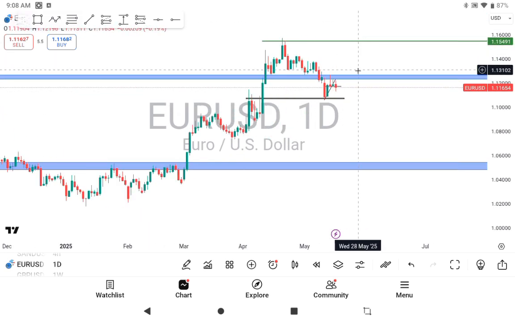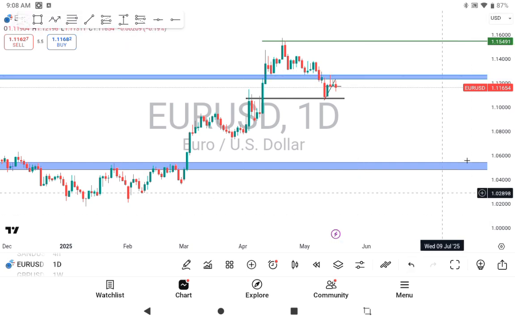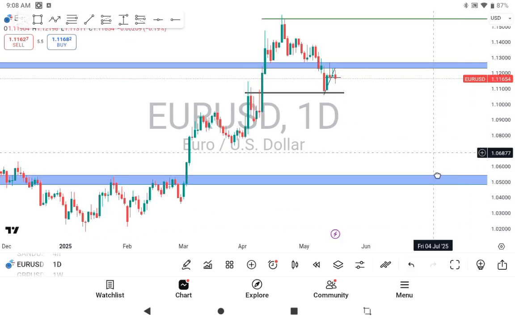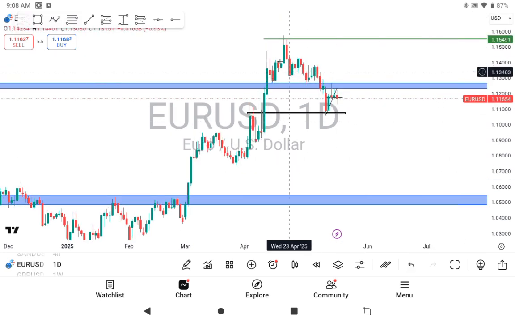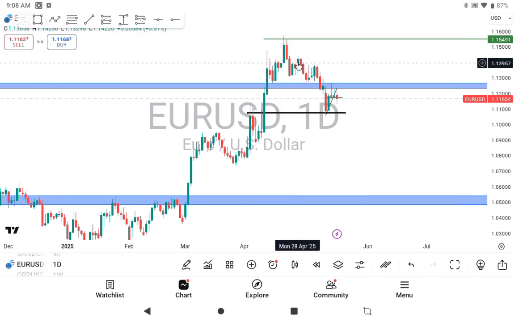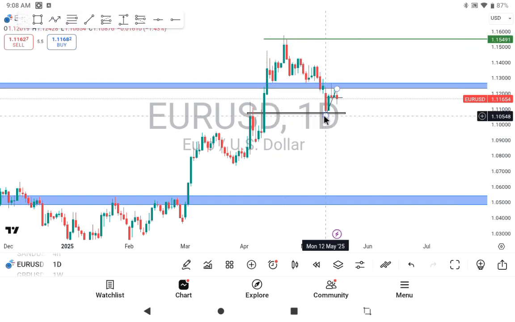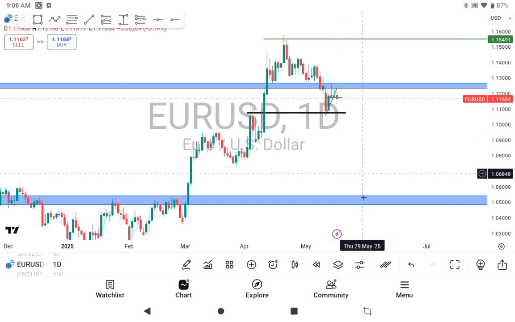Now on the daily time frame, we have a chart pattern that has formed: left shoulder, head, right shoulder, and this chart pattern has broken out of the neckline. It has been tested, it has retested it, and price is expected to sell down to this support level, to attempt this support level again before pushing to the downside.